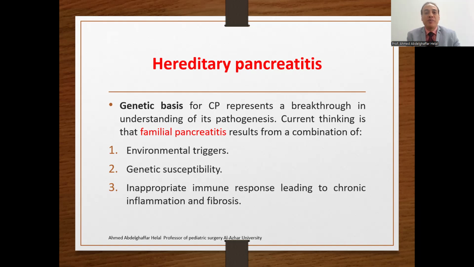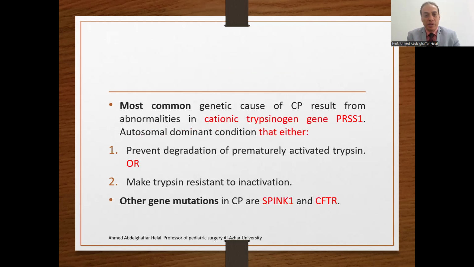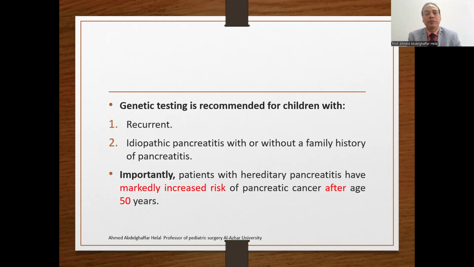Maybe genetics, maybe sometimes an autoimmune destruction of the pancreas. The most common genetic cause is known as the cationic trypsinogen gene, PRSS1 gene mutation. This will result in prevention of the degradation of the prematurely activated trypsin and also may make the trypsin resistant to inactivation. So the trypsin will destroy and digest the parenchyma and the structures of the pancreas.